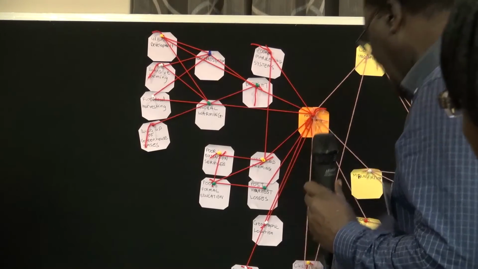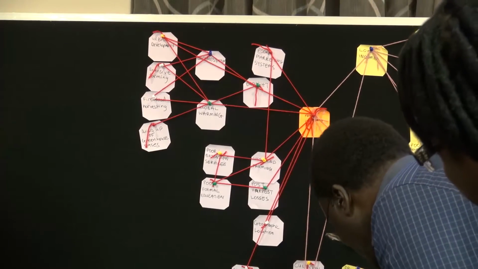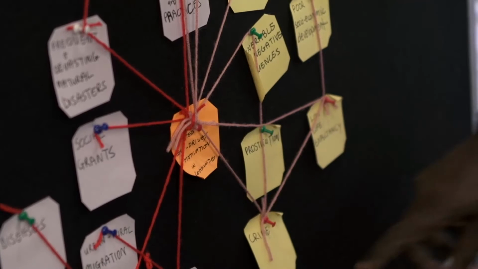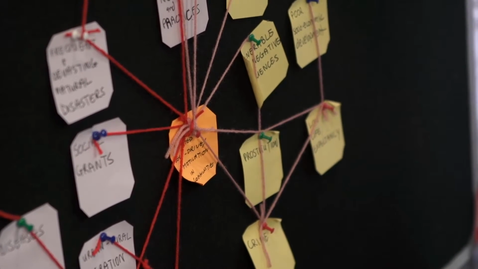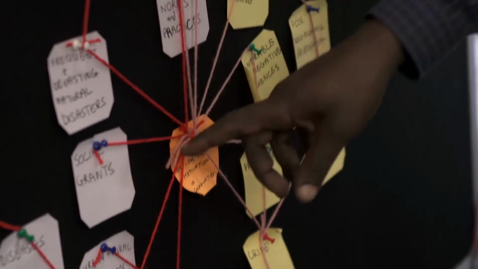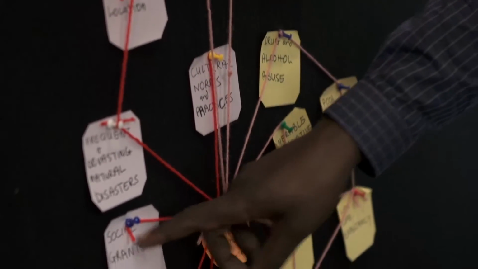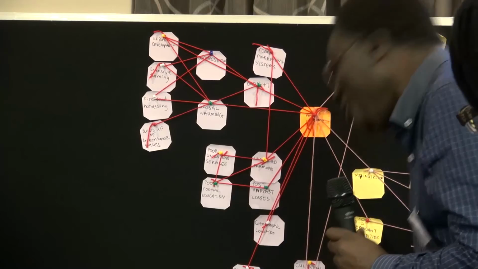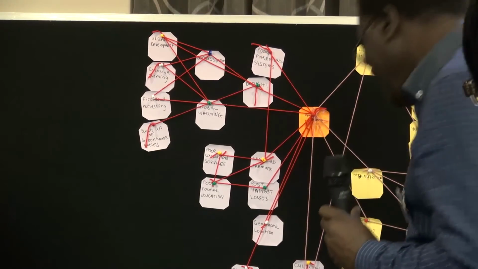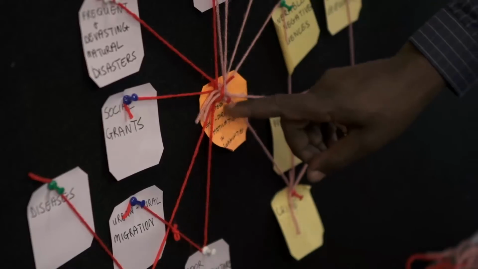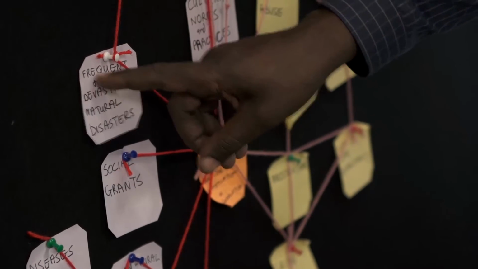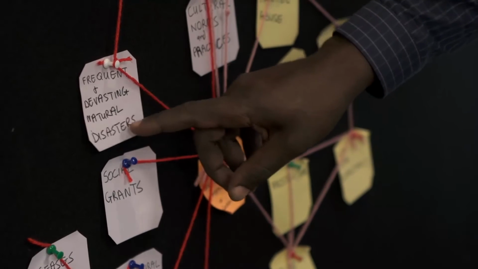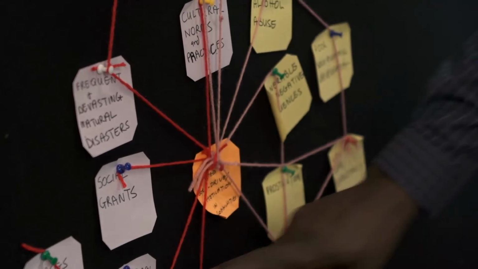Okay, the other issue we looked at was the limited self-drive or motivation. And we are saying that this may be caused, I'll point to this one first, by social grants. The social grants may lead to that, but also there are other areas. Frequent and devastating natural disasters may lead to that.